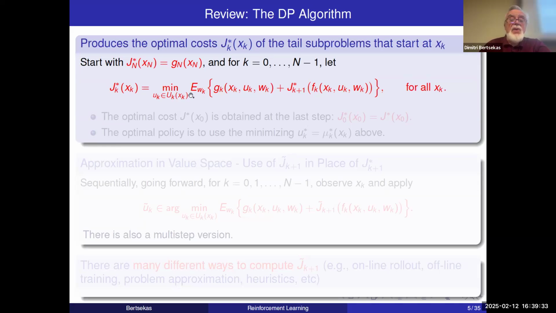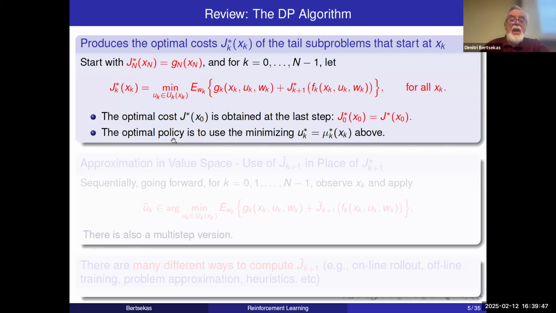And it involves a minimization over uk, which also provides the optimal policy. At the last step, after n stages, it gives you the optimal cost function of the n stage problem. And the optimal policy is to use the minimizing uk at each state xk that you may be in.